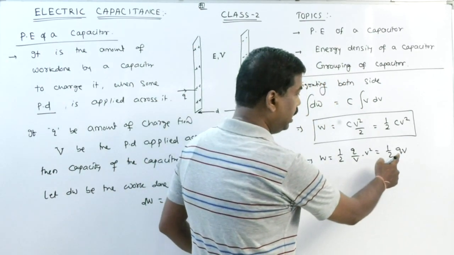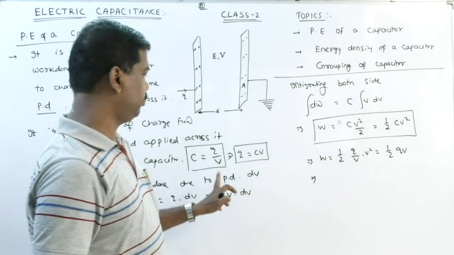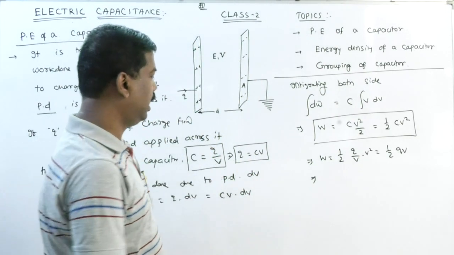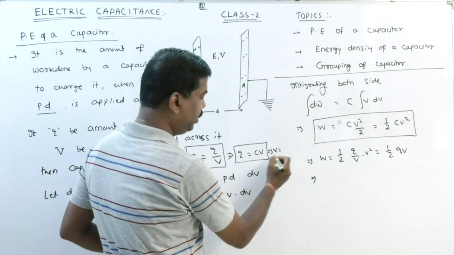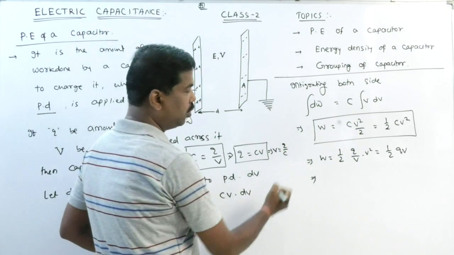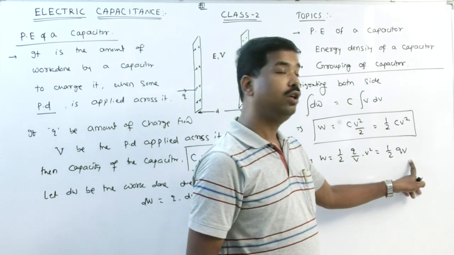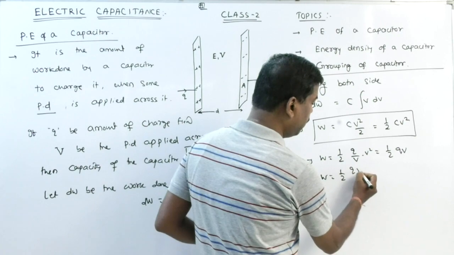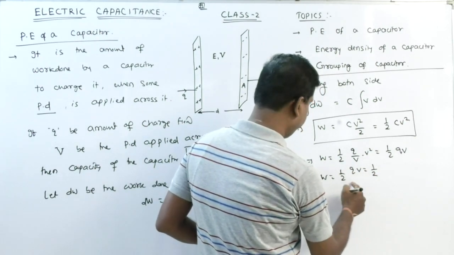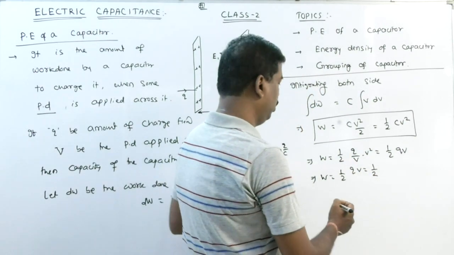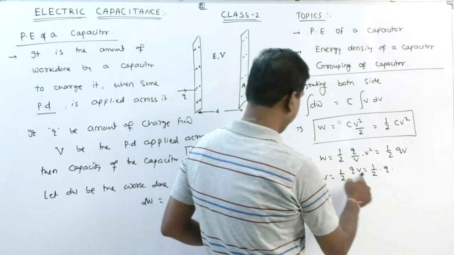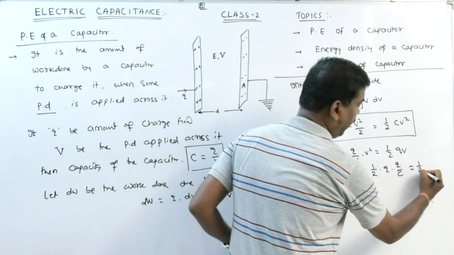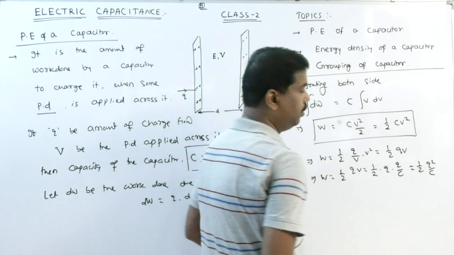Again, instead of V, I can write V is equal to Q by C. If I put Q by C, W is equal to half QV, half Q into Q by C, which is half Q square by C.